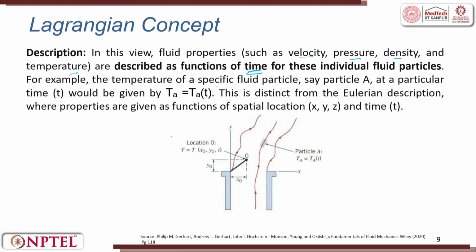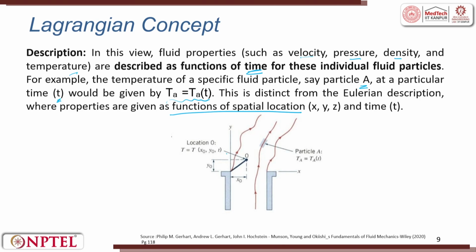For example, the temperature of a specific fluid particle, say A, at a particular time t can be defined this way. This is distinct from the Eulerian description, where the properties are given as a function of spatial location x, y, z and t, as I described earlier.